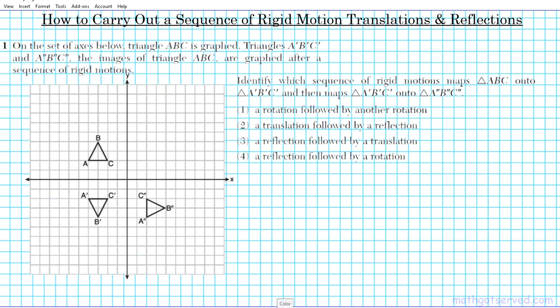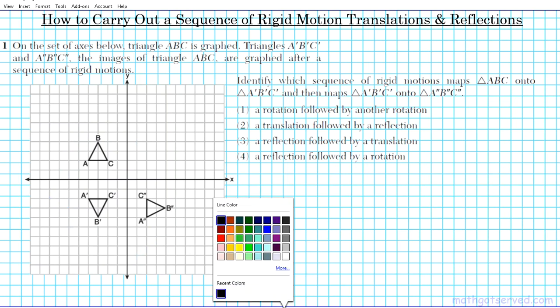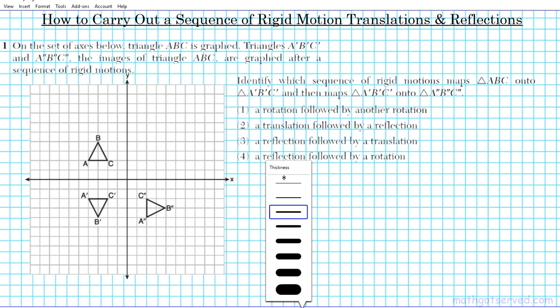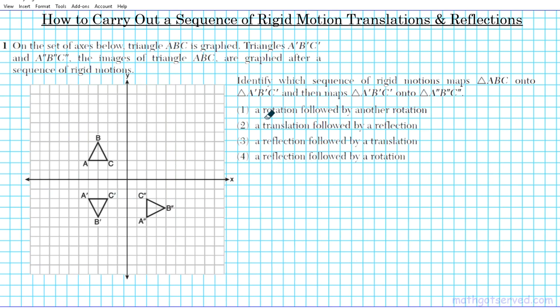Now let's take a look at the first statement. In the first statement, we have a rotation followed by another rotation. The first rotation basically takes you from triangle ABC to A prime, B prime, C prime. Is it possible to get A prime, B prime, C prime by rotating triangle ABC?